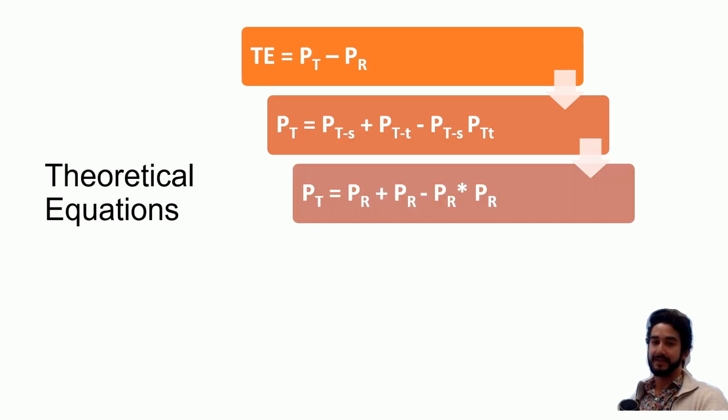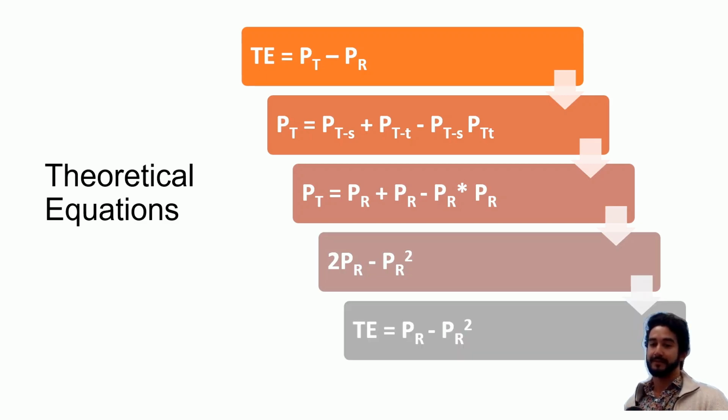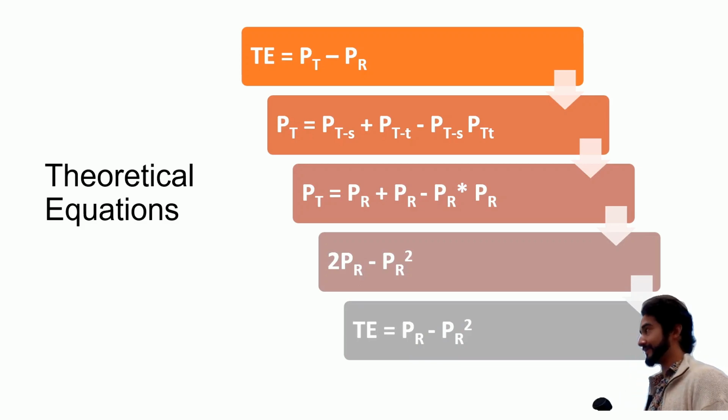And we can do this because we assume that the distributions of the study and test memory are equivalent, right? So we can swap those out and replace those values with the memory strength probability of correct retrieval from a restudied item. Then we can simplify that equation to 2PR minus PR squared. And so finally, we can define the testing effect magnitude as the sole function of PR, where it's PR minus PR squared.